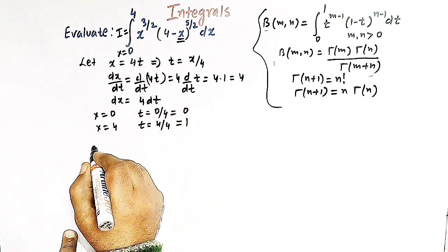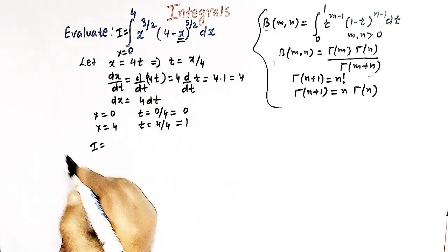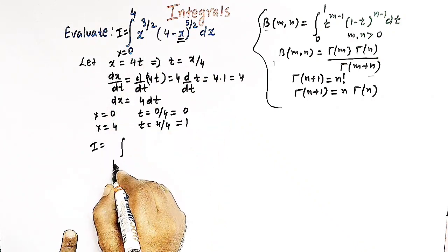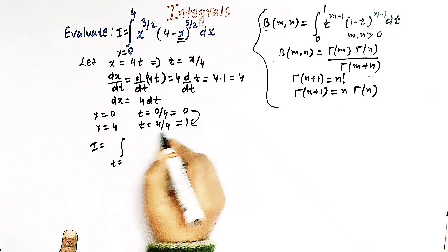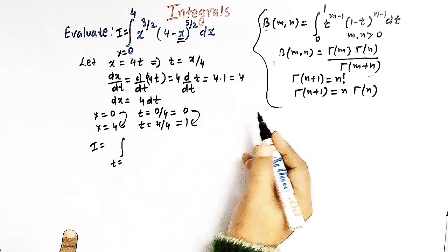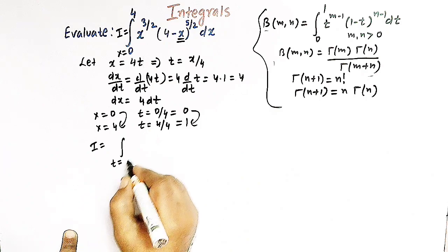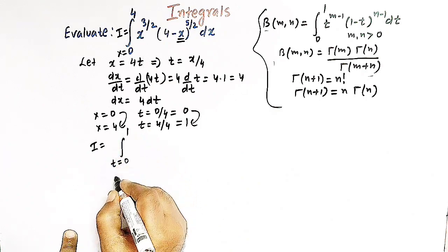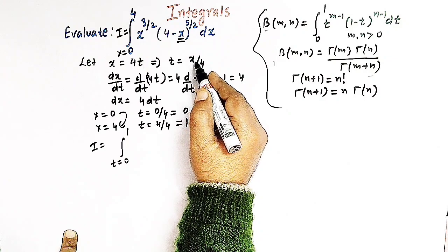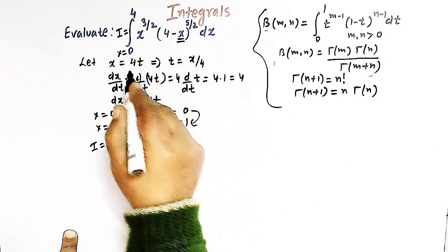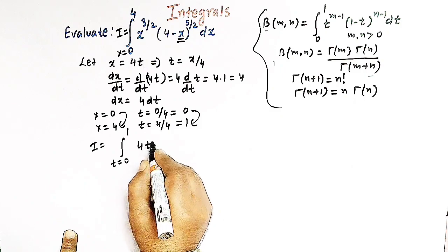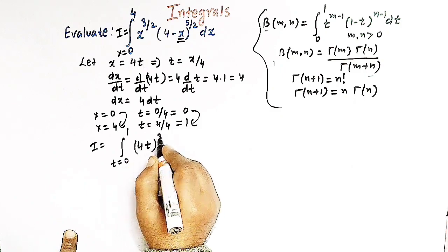Now let us write this integral I in terms of t. We can write the limits from 0 to 1, because when x changes from 0 to 4, t goes from 0 to 1. We have x raised to 3 by 2, where x is given by 4 times t, so we write 4t raised to 3 by 2.